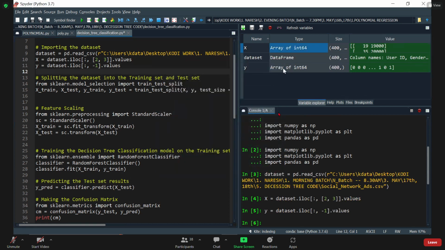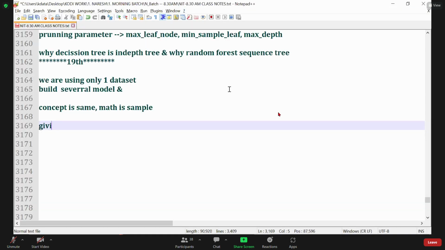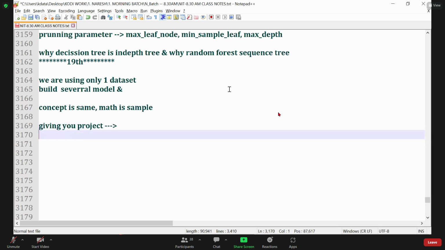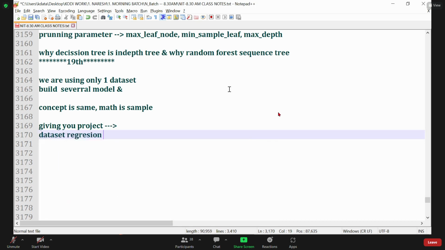Okay. And see, every day I'm giving you projects, guys. If you see the projects, by that time you easily understand whether the data set belongs to regression or classification, isn't it? First thing.